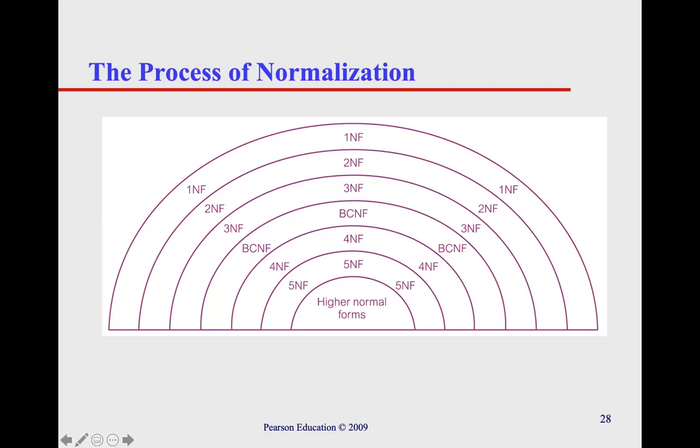So what happens is we start potentially with relations that are unnormalized. And what we want to do is successively move them into first, second, and then third normal form. And by the time we have them in third normal form, we have eliminated almost any update anomaly of consequence.